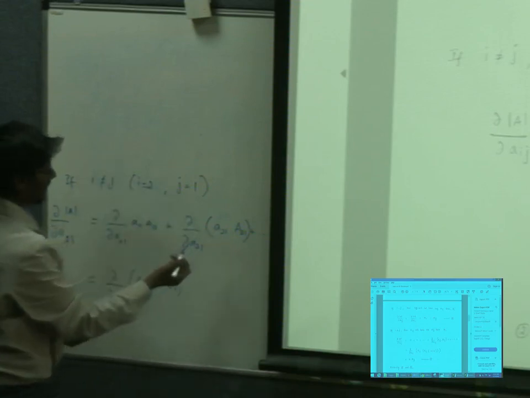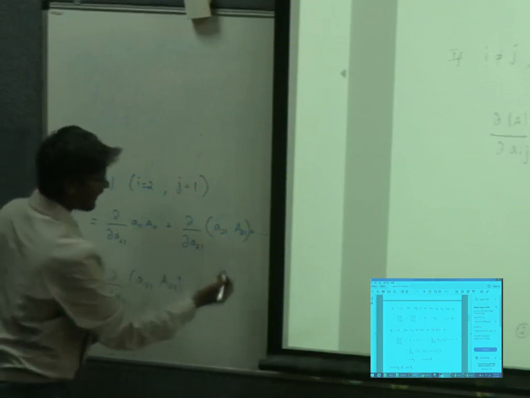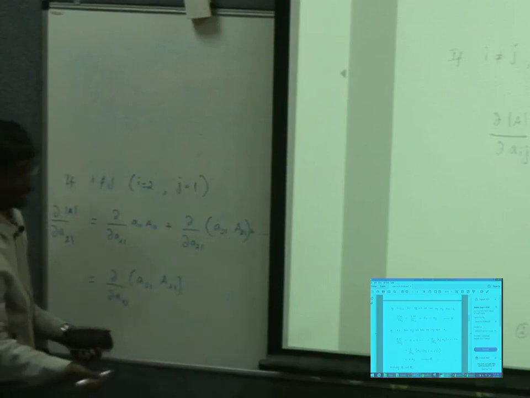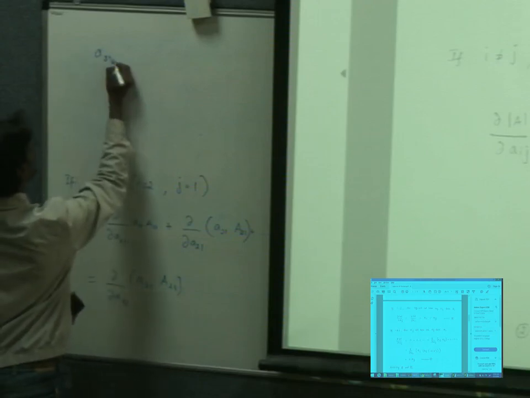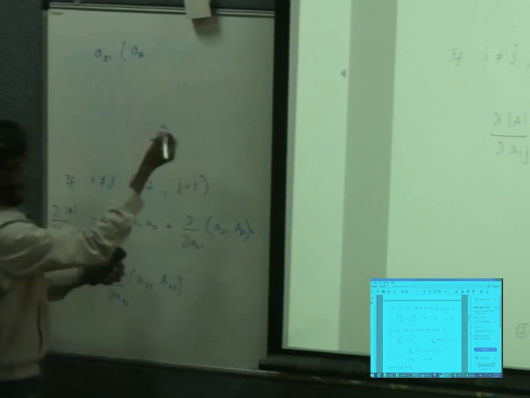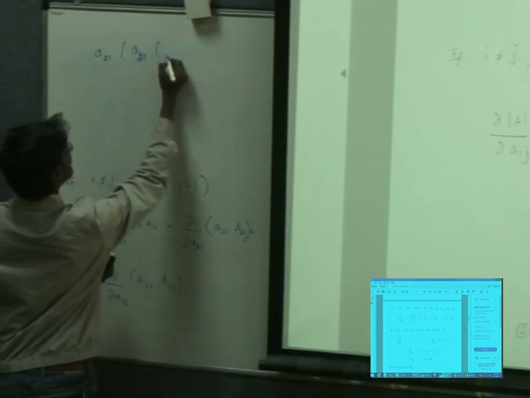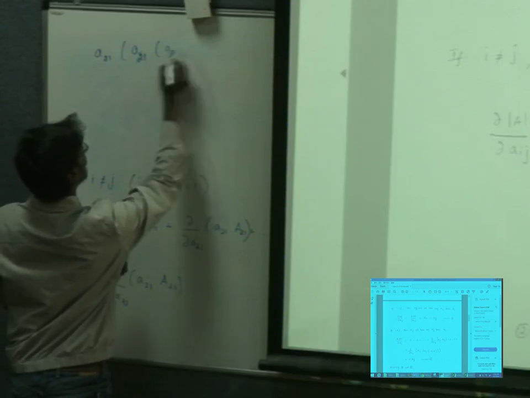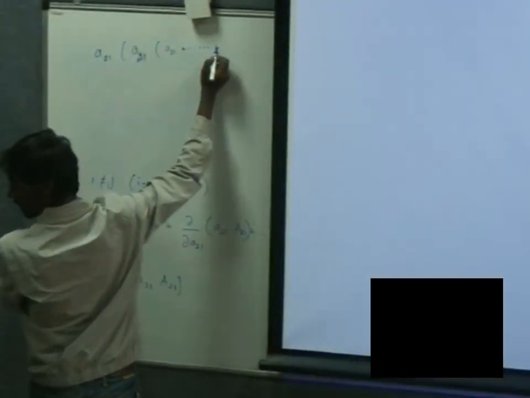You see, A is a symmetric matrix, so a21 is equal to a12, you know that, right? So this term will have an a12 term, which is nothing but a21, because it's a symmetric matrix, into some a31 plus its cofactor also.